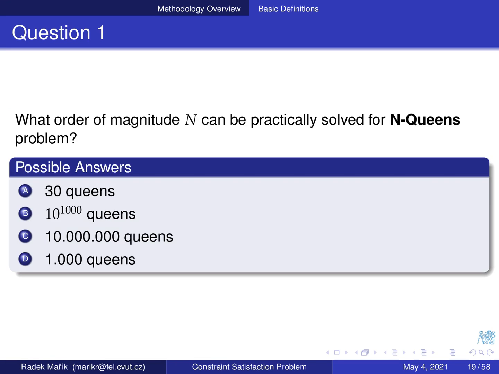And here is the question to you. If we have such an n queens problem, that means instead of 4 queens, we have just n, an arbitrary number, what order of magnitude of n can be practically solved for the n queens problem?